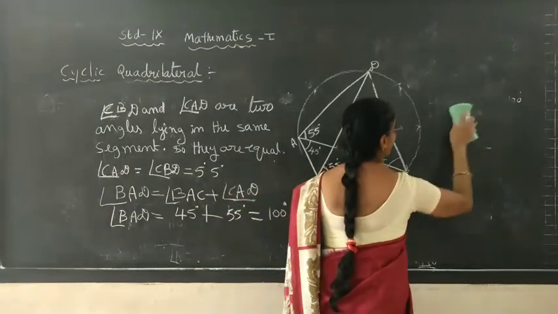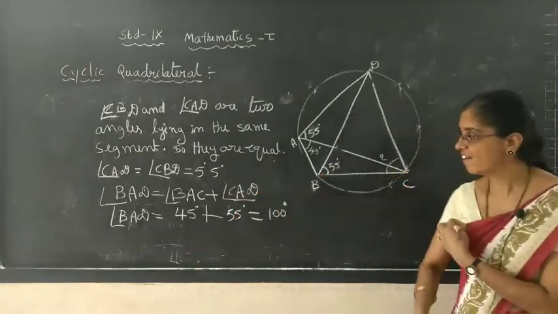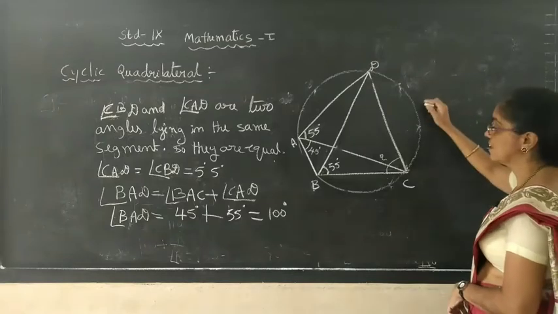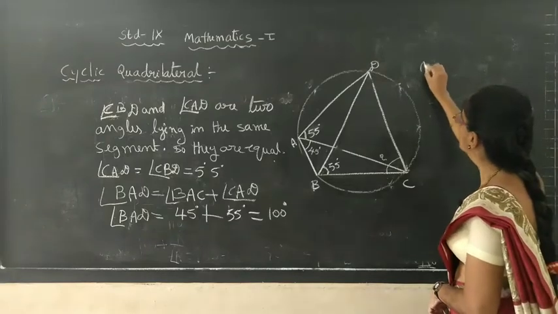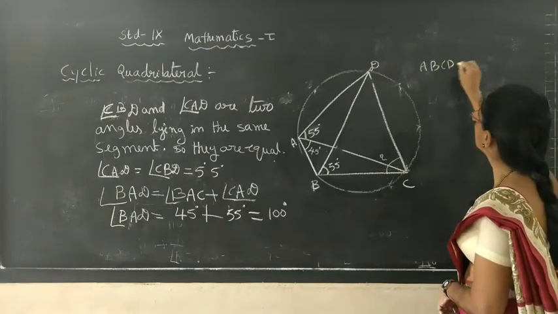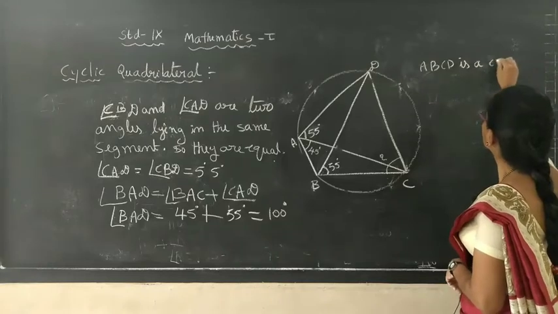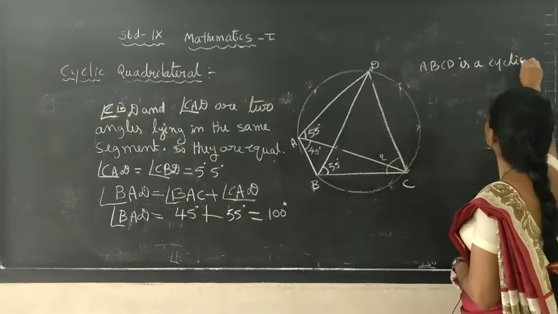Next I will write it here. You write below, children. ABCD is a cyclic quadrilateral.